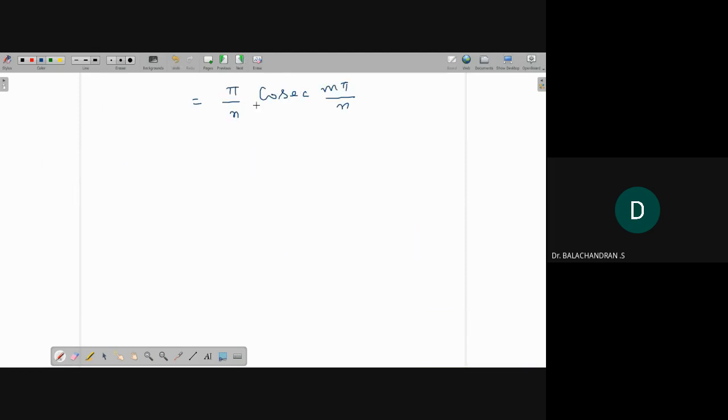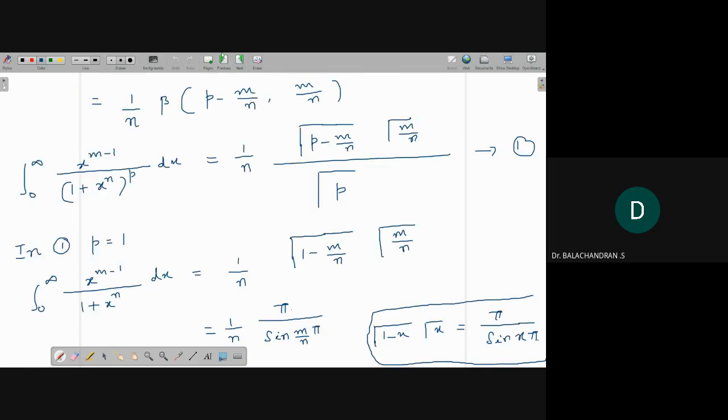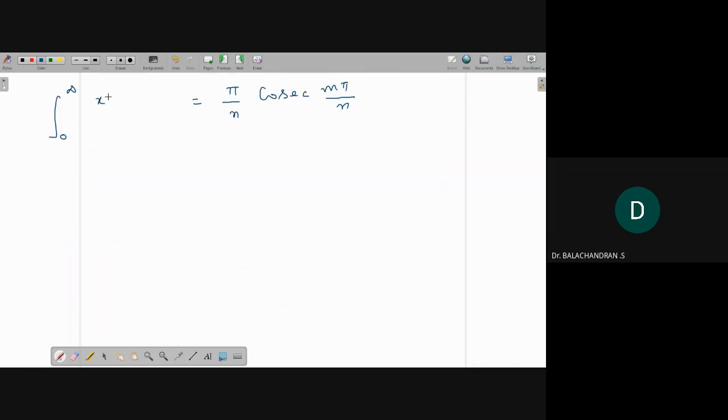The left hand side is what? Integral 0 to infinity x power m minus 1 by 1 plus x power n into dx. We call this is 2. So to get the third result, what I need to substitute in equation 2?